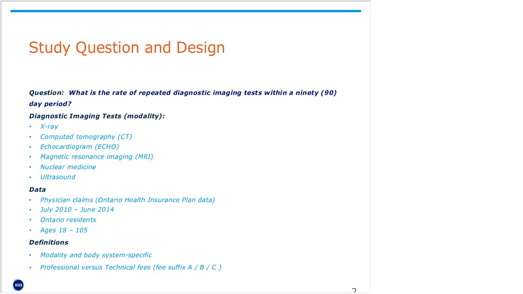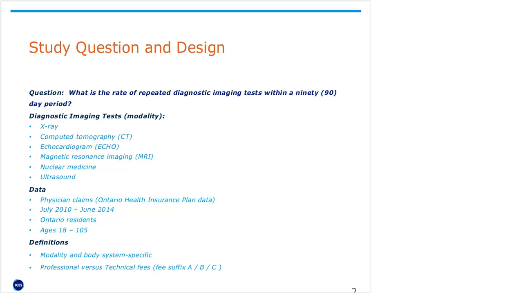We used the OHIP physician claim data, and we looked over a longer period. We also thought it might be interesting to look at trends over time. The other restriction was looking just at Ontario residents and adults.